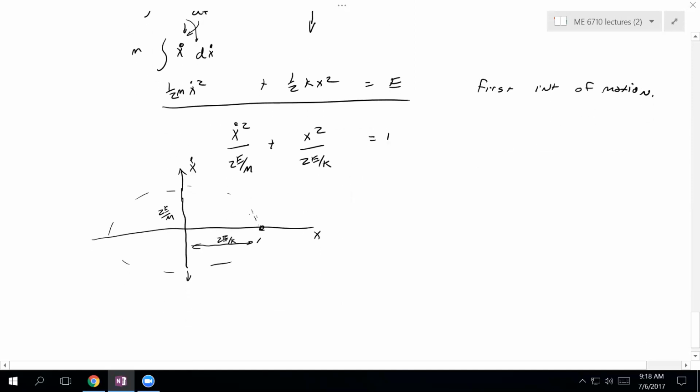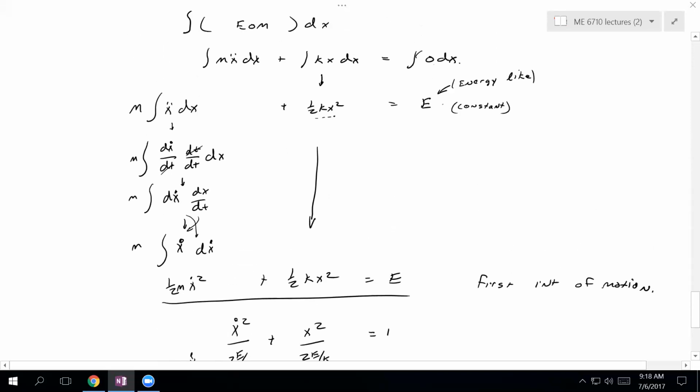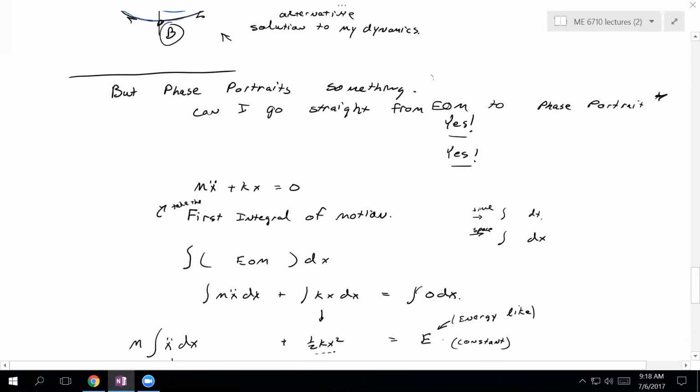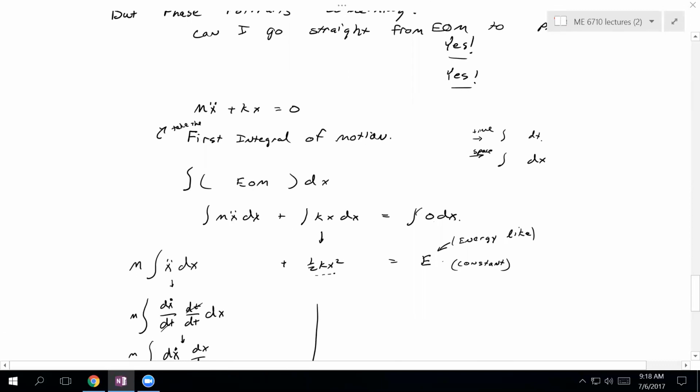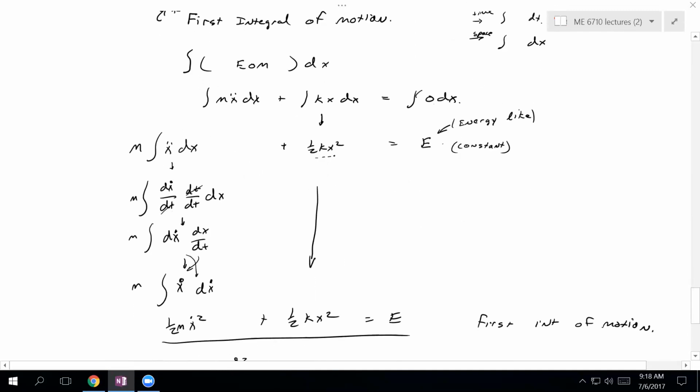So now I can solve my equations of motion, my differential equations, without taking a differential equations class. Well, I just have to take calculus. Instead of looking at time, I look at it in space. I take the first integral of motion. I'm always going to have an x double dot term, and I'm always going to do this little trick: my x double dot term will always give me a 1/2 m x dot squared.